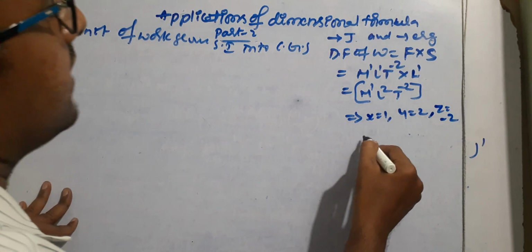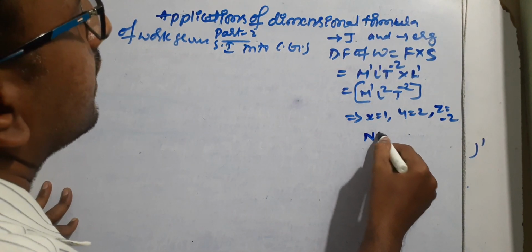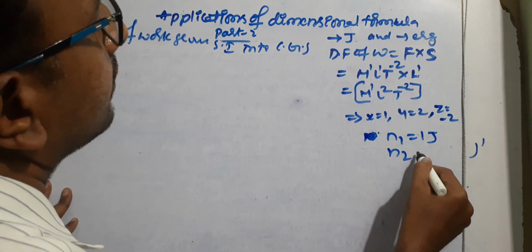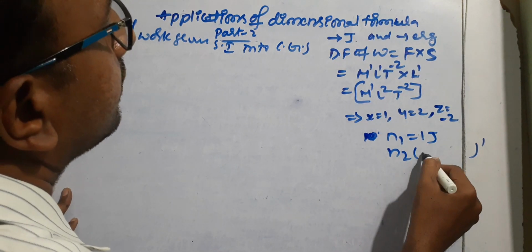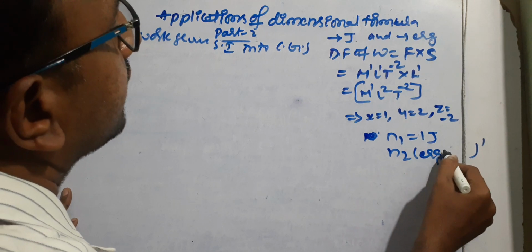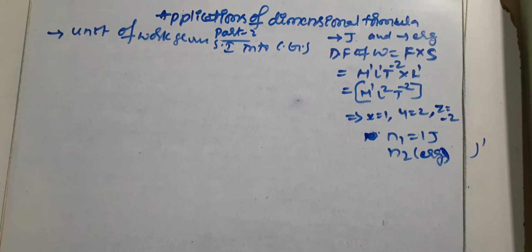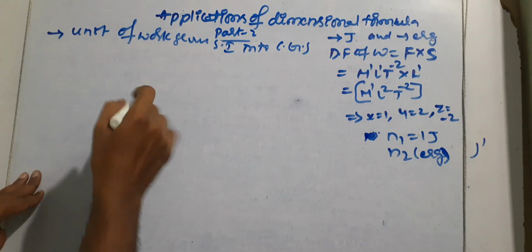So now consider N1 is given as 1 joule. We want to convert joule into ergs. So how many ergs can 1 joule make? For this one we are following the formula.